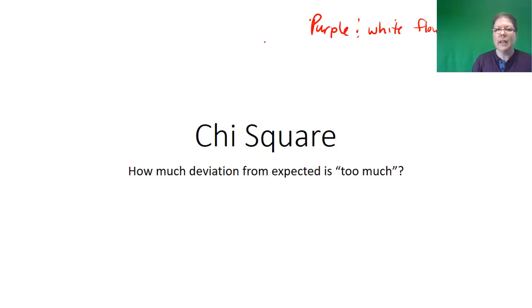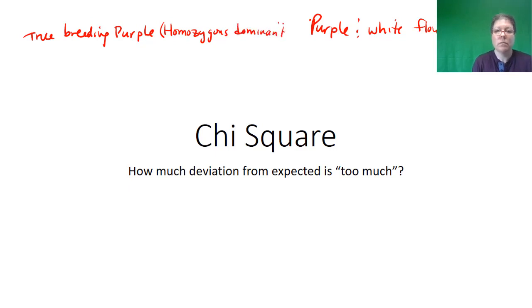All right, let's take a true breeding purple, which tells us that it's homozygous dominant, for the flower color, and a true breeding white flowered plant.